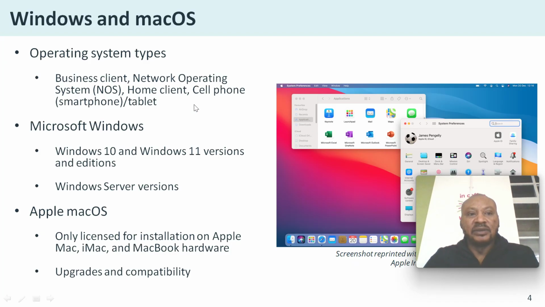Now let's look at Windows and Mac OS. Basically, there are two major types of OS that you're going to see in the IT world. Of course, there are other OS, but in the tech world, these are the main ones.